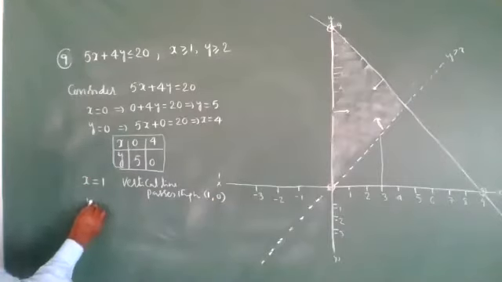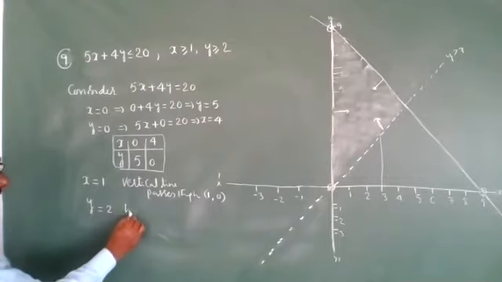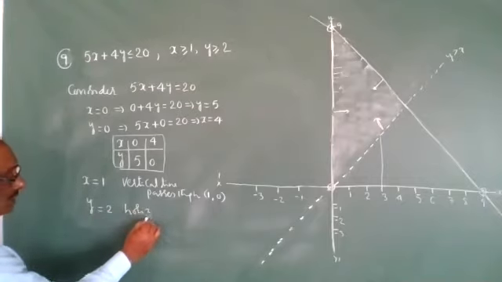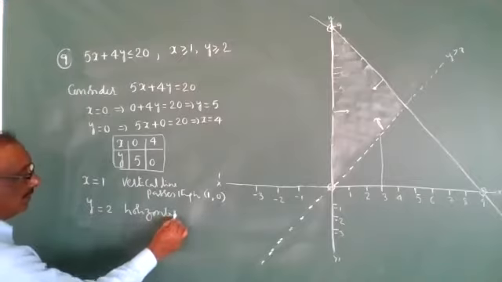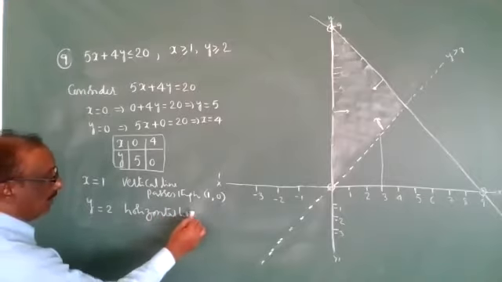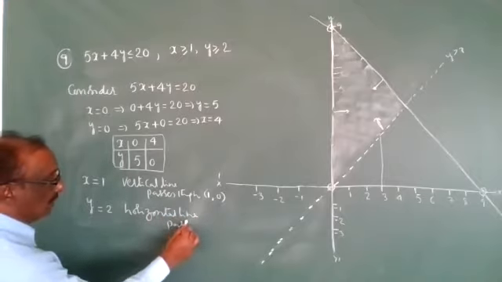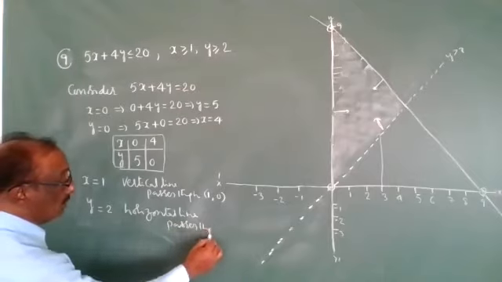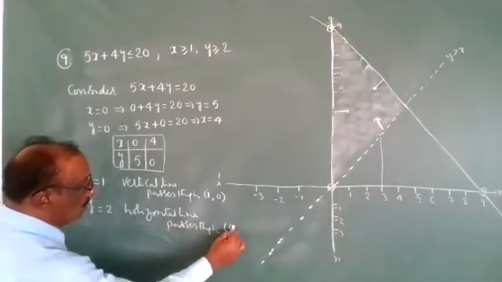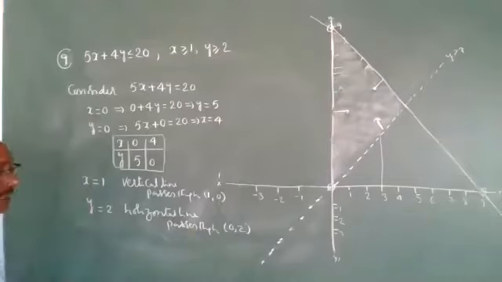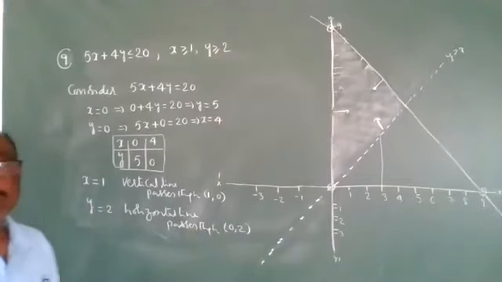Then y is equal to 2. It is a horizontal line passing through 0 comma 2. The x value is 0, the y value is 2.